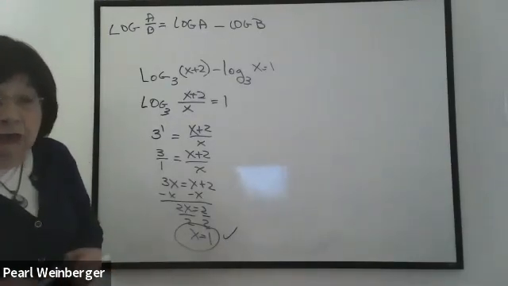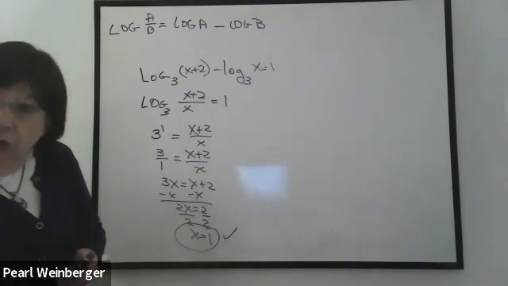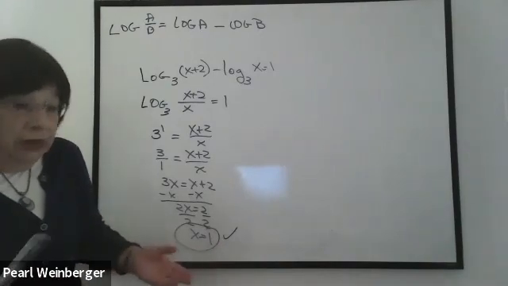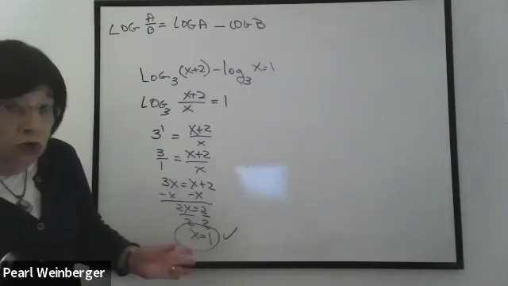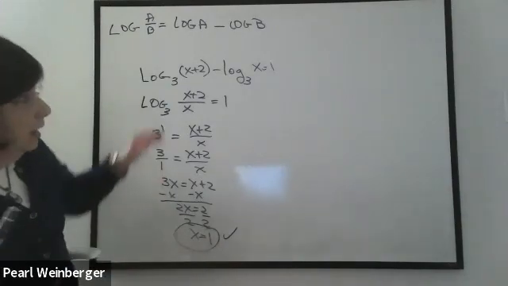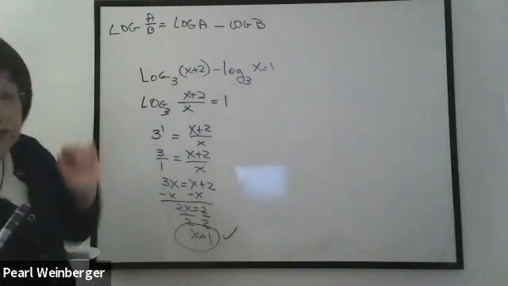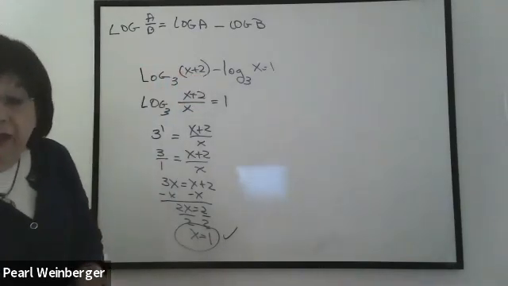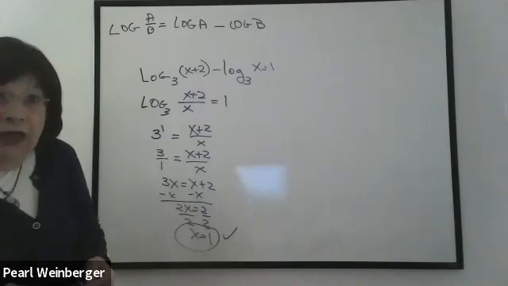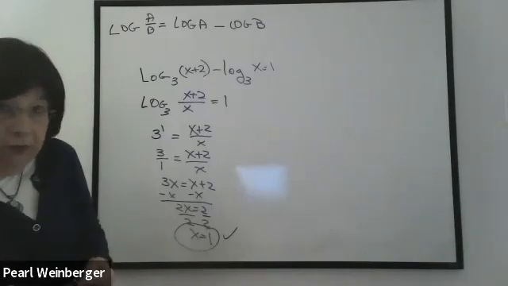In the other cases, we got 2 answers. One worked, one didn't. The situation is totally dependent on whether the number you're taking the log of is positive or negative. Don't automatically say, oh, I have 2 answers, I have to get rid of one of them.